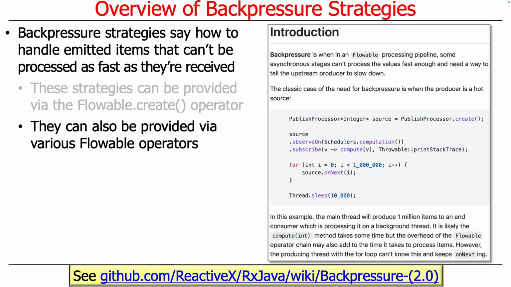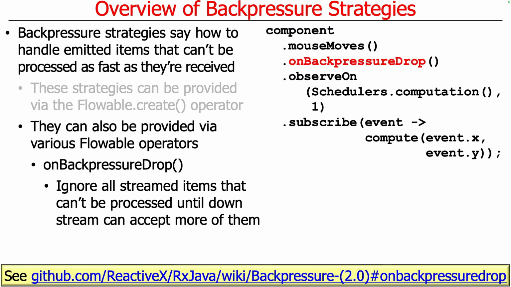You can also use other Flowable operators in order to apply the back pressure strategies. So here's an example. Let's say that you had something that was generating mouse moves, and if the mouse was moving faster than the system could keep up with it, it'll just basically drop the items that can't be processed until you slow down the mouse movement and you can deal with them.